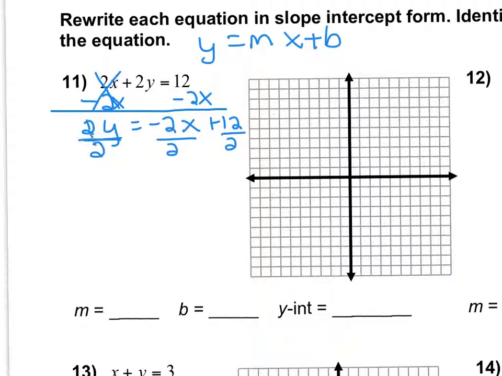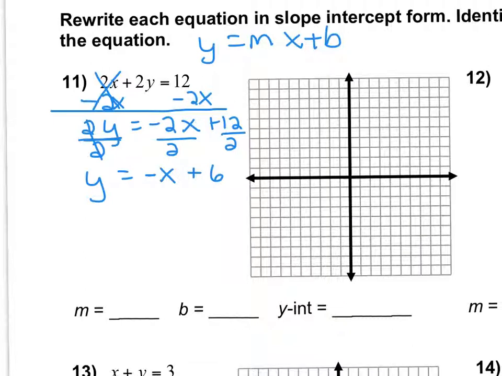So the 2 cancels right there, and I get y equals, now I have a negative 2 divided by 2. What is that? Negative 1x. But I usually don't write the negative 1, I just write negative x. If you want to write the 1, that's fine. Now what's 12 divided by 2? So now I have plus 6.